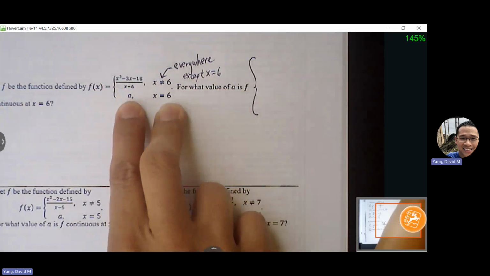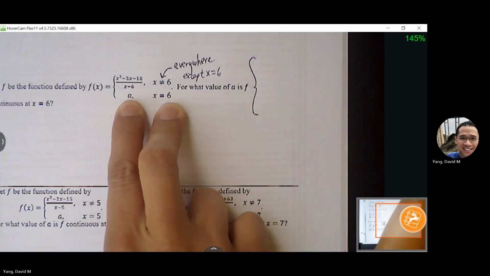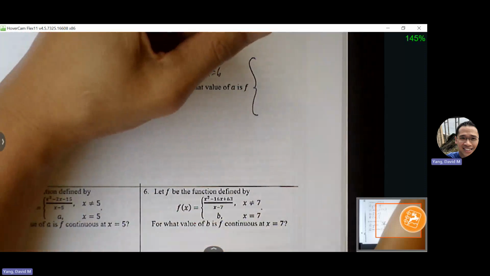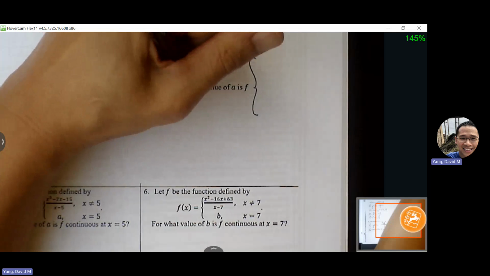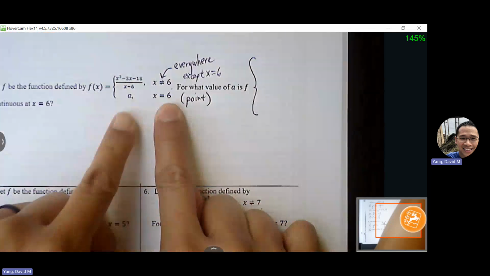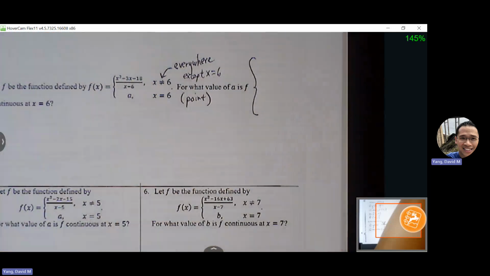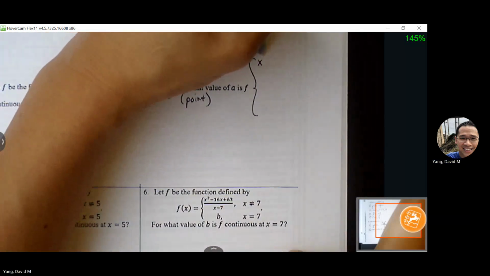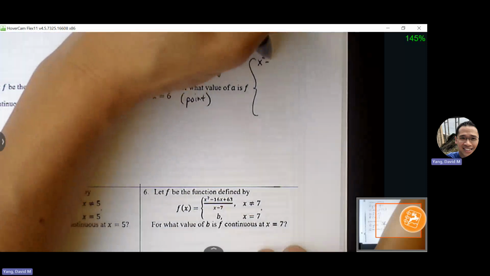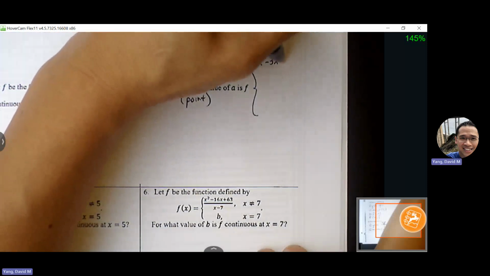And this is just a, okay, point. It's just a point, right? We're just defining an ordered pair here, but the connected parts of the graph are with the first piecewise. So I'm just going to do this once because we're not going to write it out this way ever.